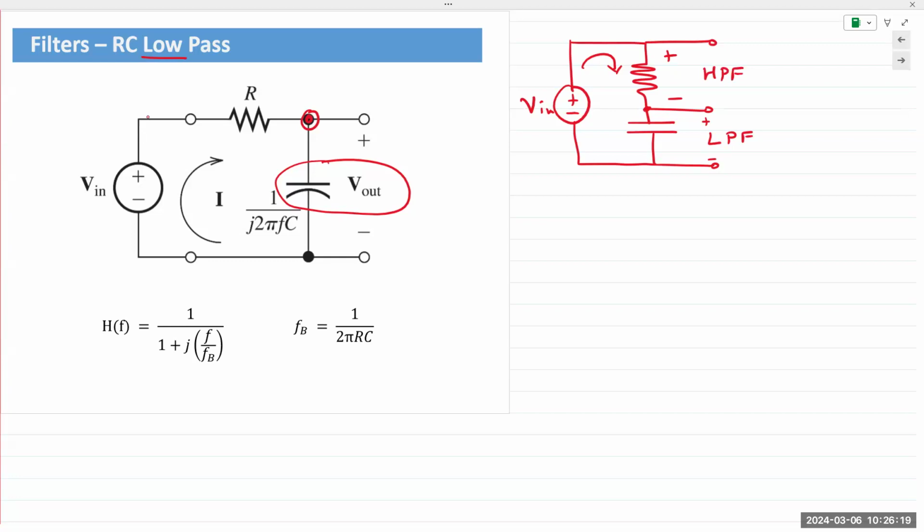There is actually no difference in the circuit configuration of a low pass and a high pass filter. You take the same series circuit of a resistor and a capacitor. If you take the output across a capacitor, it is a low pass filter. If you take the output across the resistor, it is a high pass filter. And I will explain how and why that is.